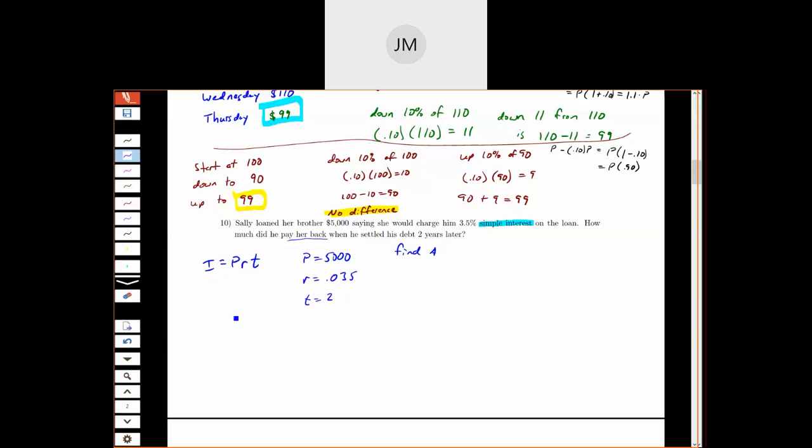So I can use my simple interest formula to compute the interest: 5,000 times 0.035 times 2. So I get $350. The amount that we're going to pay back, though, is the original 5,000 plus interest.